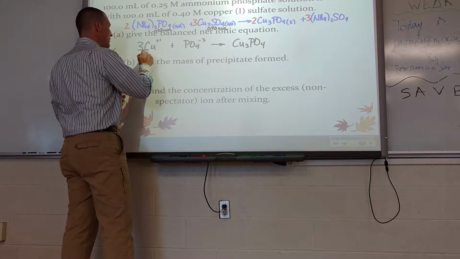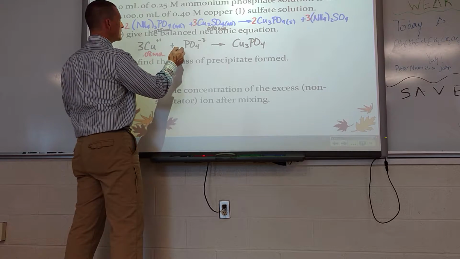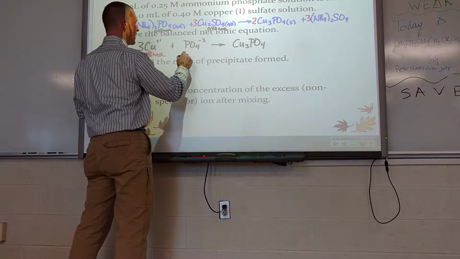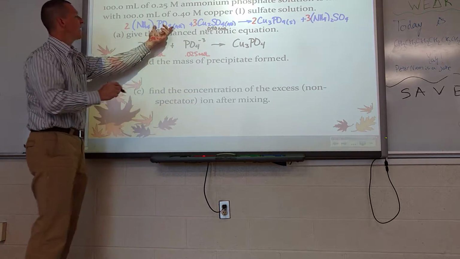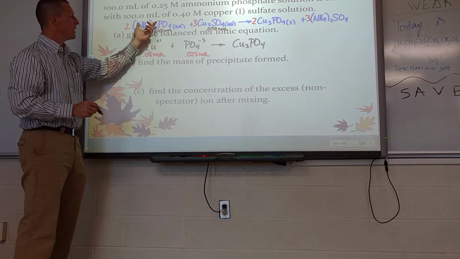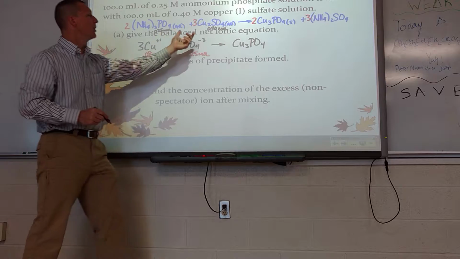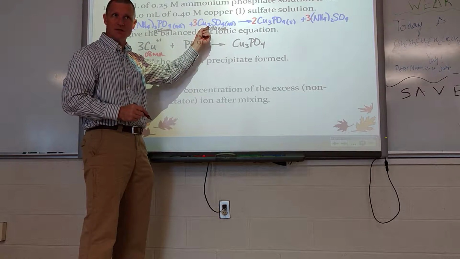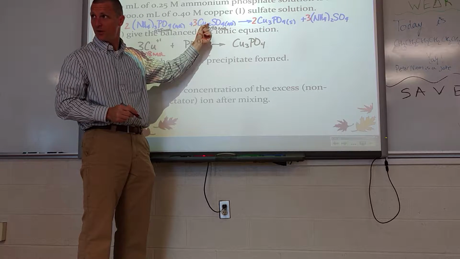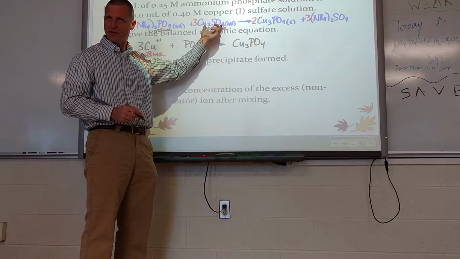You'll wind up with the same limiting reactant. So let's see, for the phosphate we got 0.025. And there's 1 phosphate in every one of these molecules, so 0.025 moles means you're going to have 0.025 moles of phosphate. But over here, 0.04 moles of this means you're going to have 0.08 moles, twice as much copper as moles of that whole compound you have, because every molecule has 2 coppers in it.